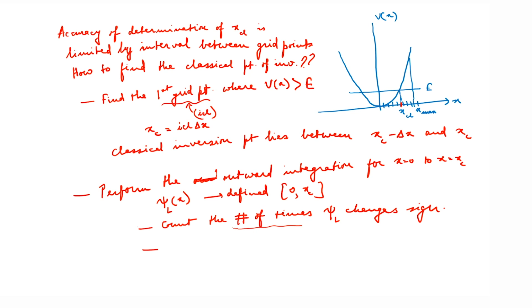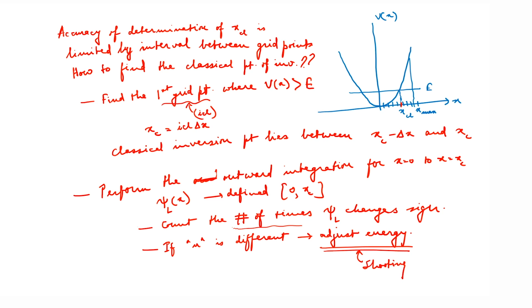If not, that is if n is different, we need to adjust the energy using the same shooting method that we described before.